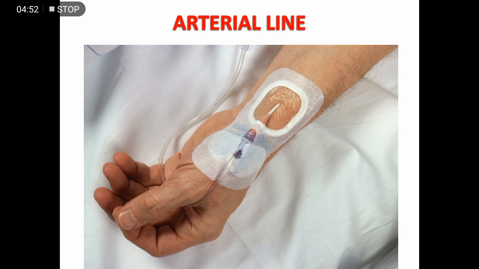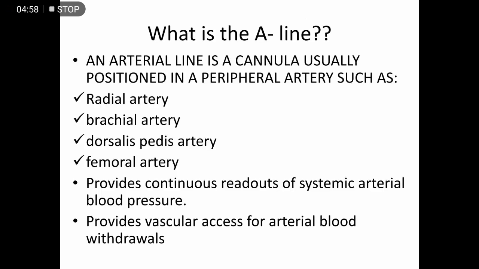The arterial line is the first part of hemodynamic monitoring. The arterial line is a cannula usually positioned in a peripheral artery such as the radial artery, which is the most commonly used. The brachial artery is contraindicated unless the person performing the catheterization is an expert.